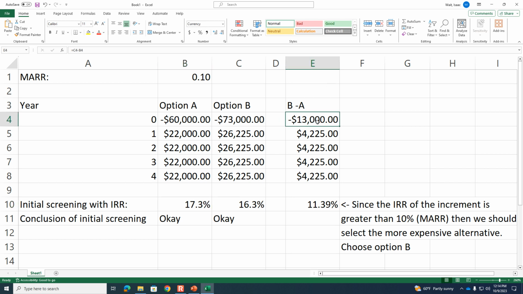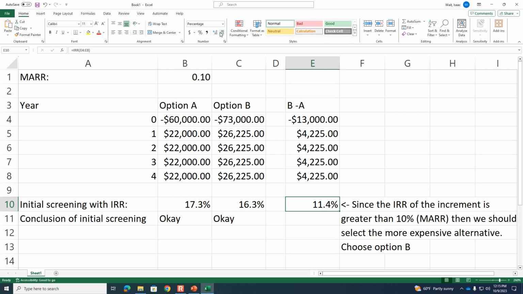just think of it this way. The extra $13,000 that you are spending to get option B is yielding a return of 11.4%. Your minimum attractive rate of return is 10%. So if you could borrow money at 10% and put it somewhere that yields 11.4%, you should do that.